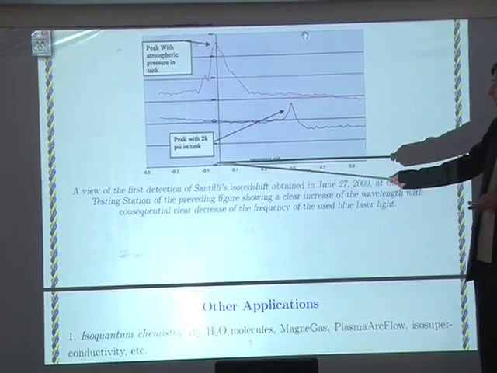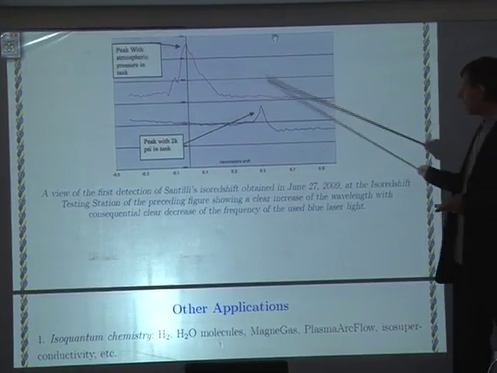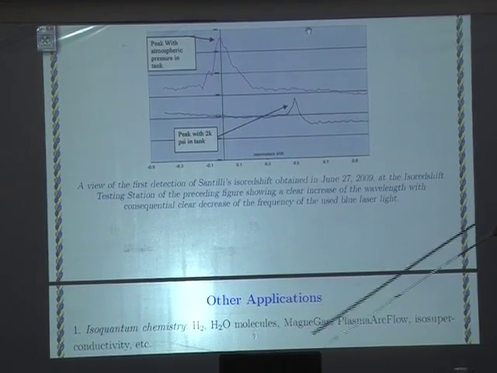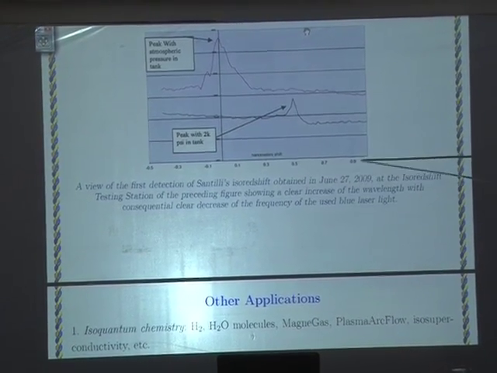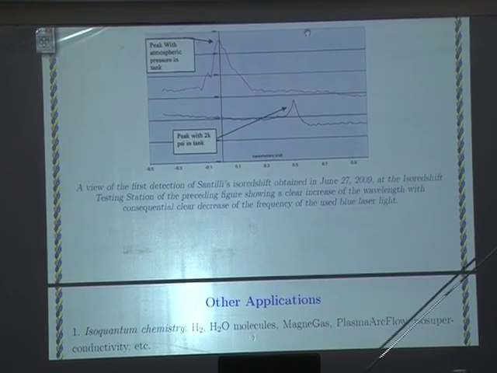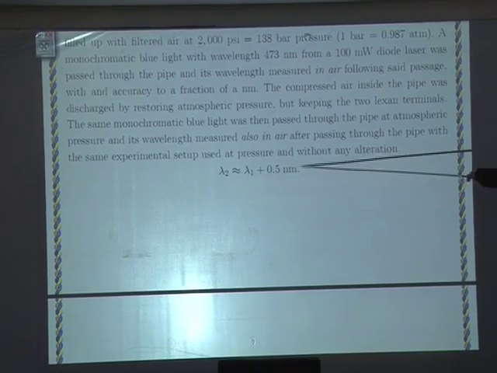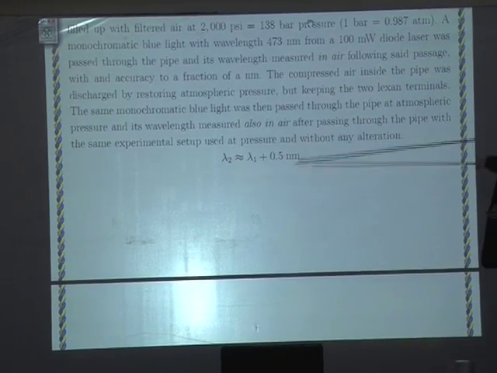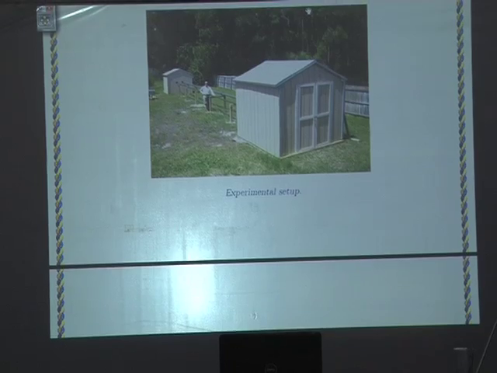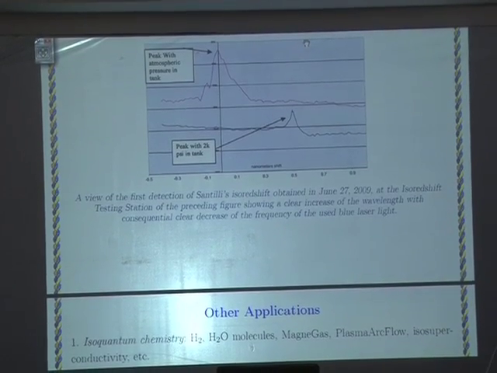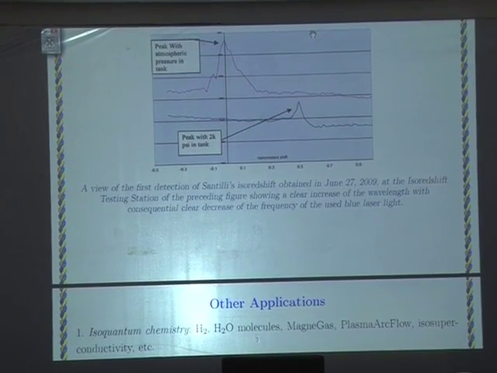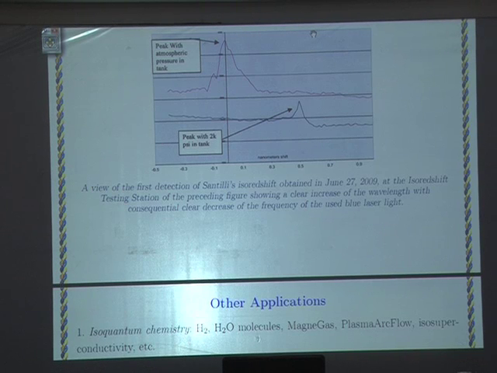And there is a detectable shift of wavelength by about 0.5 nanometers. And this shift can be used as an experimental confirmation of the prediction of isospatial relativity regarding iso-red shift of light in dense medium.